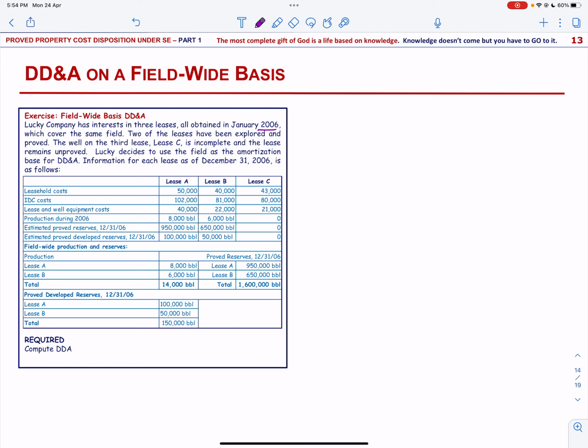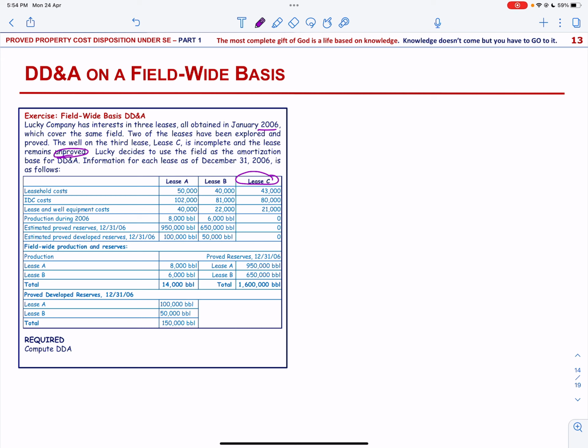The well on the third lease, that is lease C, is incomplete and the lease remains unproved. So obviously it is not going to be counted. So Lucky decides to use the field as the amortization base for the DD&A. Information for each lease as of December 31, 2006 is given to us.